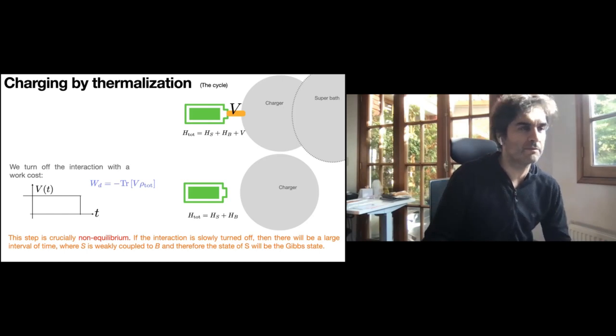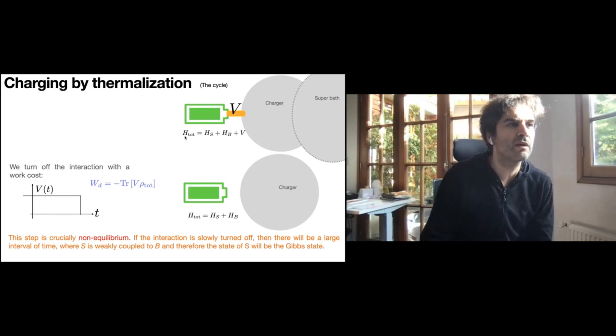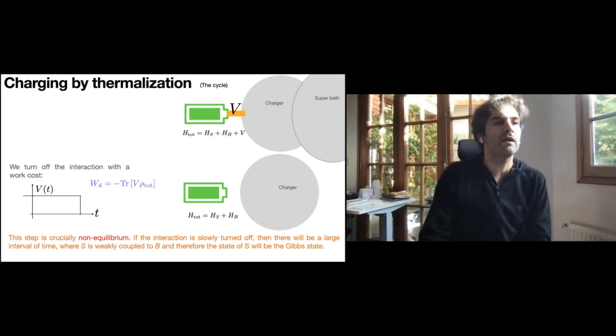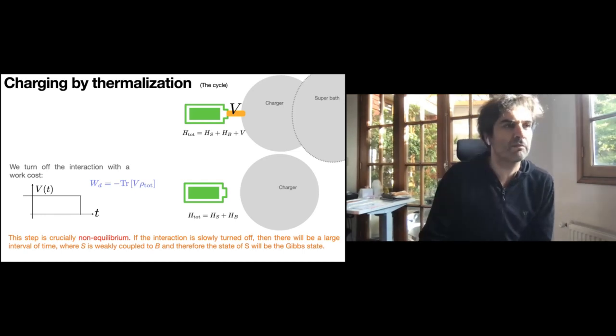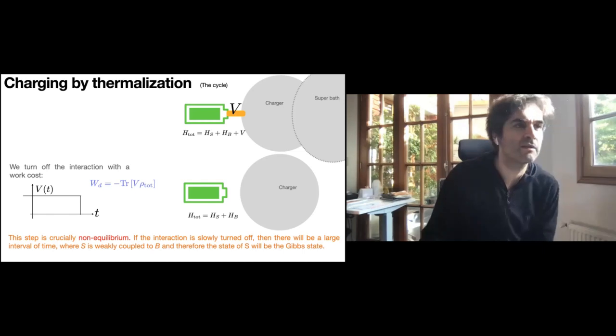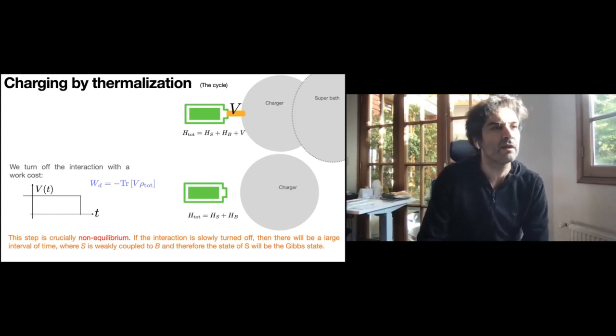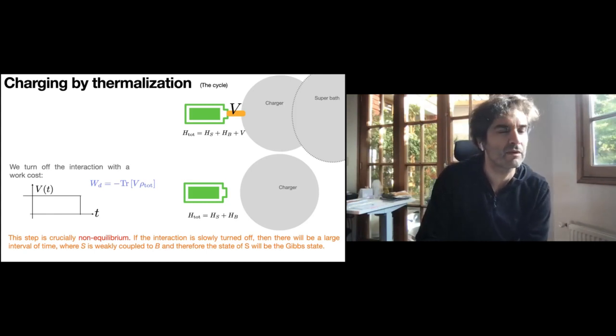So the cycle is the following. We start with the total Hamiltonian given by this sum. So HB represents here the Hamiltonian of the bath. Then we disconnect the interaction of the charger.